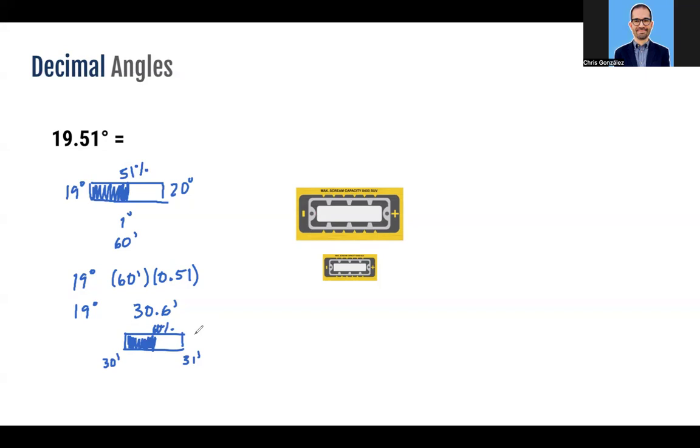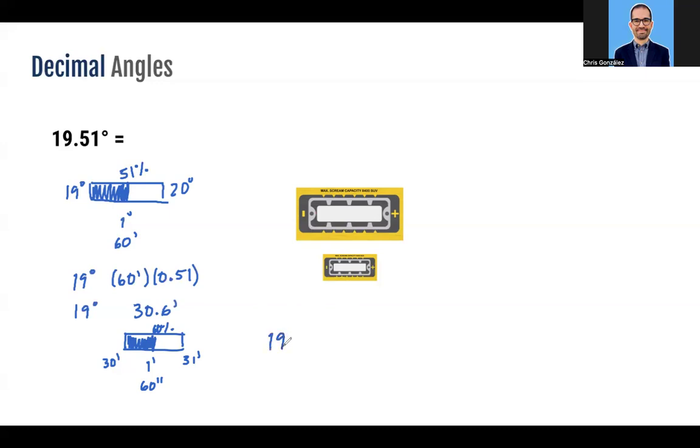So there was not enough to reach 31. So this minute that we were progressing on is simply 1 minute, but that could be also expressed as 60 seconds. So now we need to see what 60 seconds would be, but only if we were able to cover 60% out of those 60 seconds.